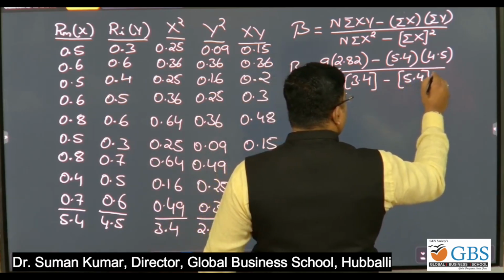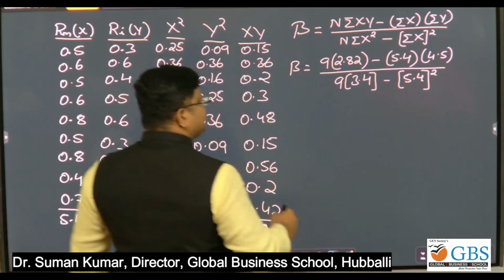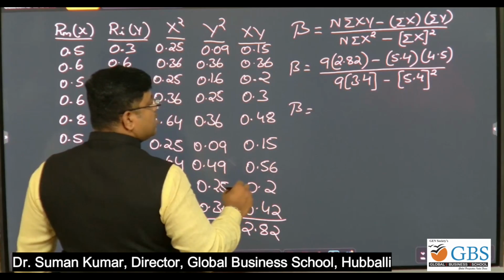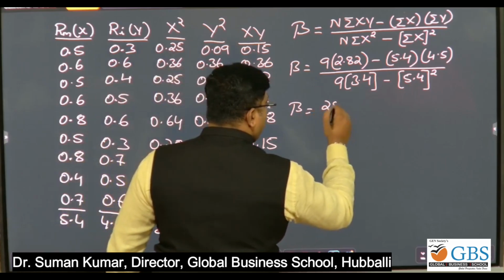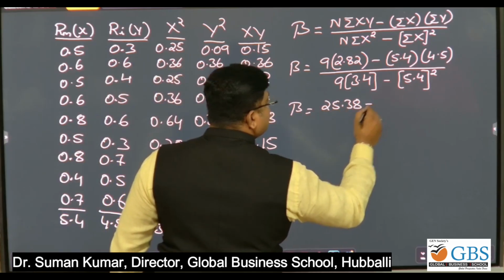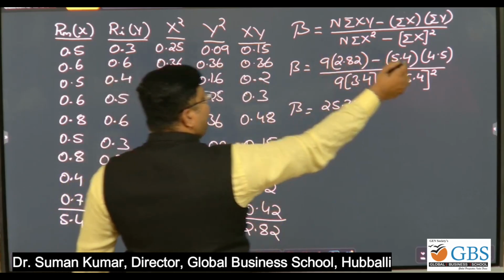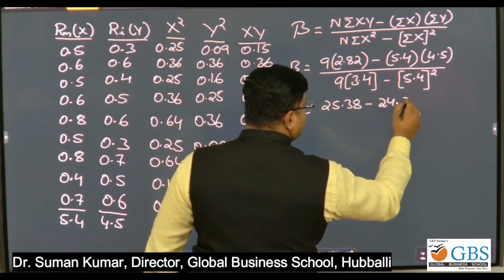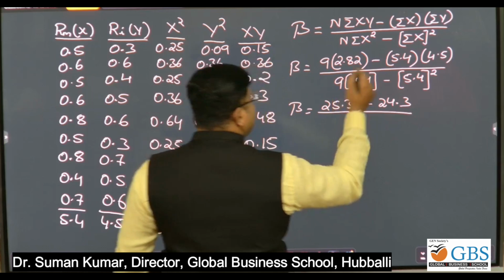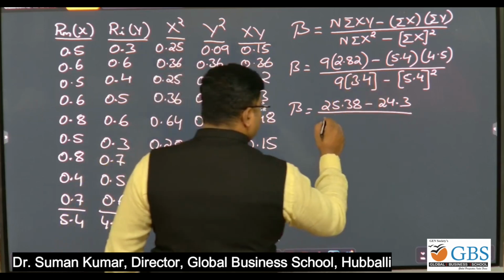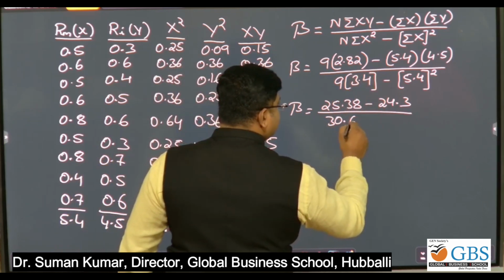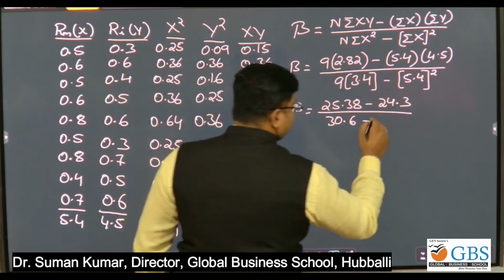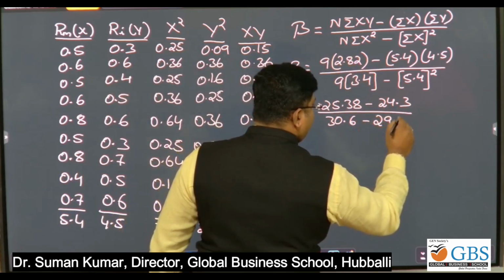5.4 whole square. Step by step, beta is equal to 9 into 2.82, 25.38, minus 5.4 into 4.5, 24.3, divided by 9 into 3.4, 30.6, minus 5.4 into 5.4, 29.16.